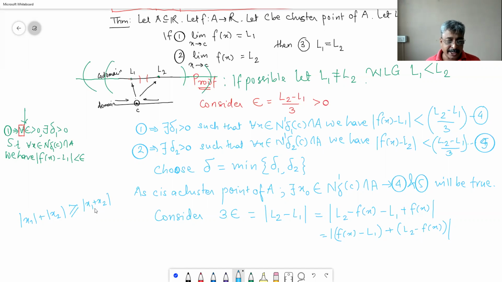If I want to split x1 and x2 by their absolute value signs, then this quantity is going to be greater than or equal to this quantity. So now I have this quantity, which is less than or equal to absolute value of f of x minus L1 plus absolute value of L2 minus f of x, and absolute value of L2 minus f of x and absolute value of f of x minus L2 are one and the same.